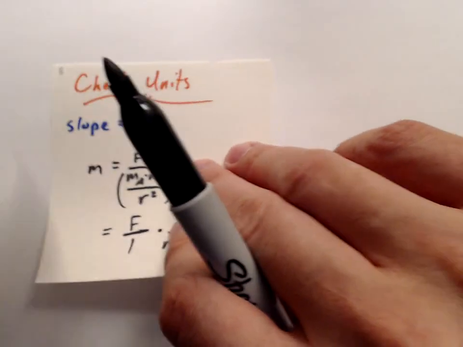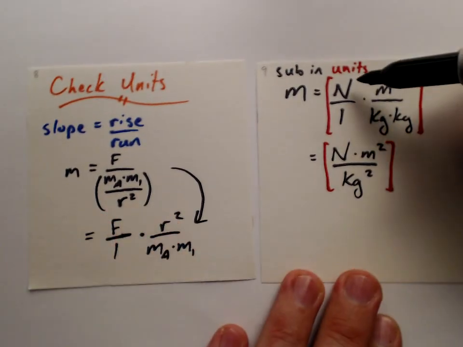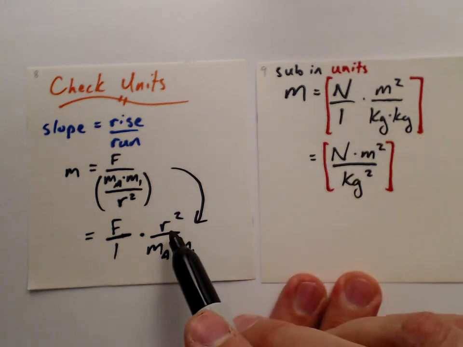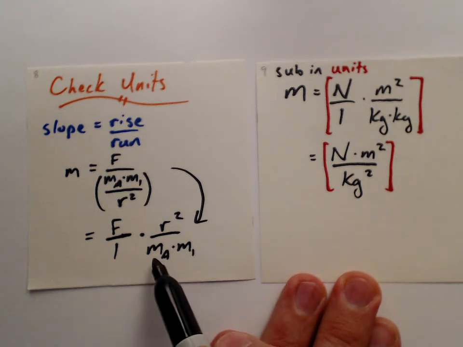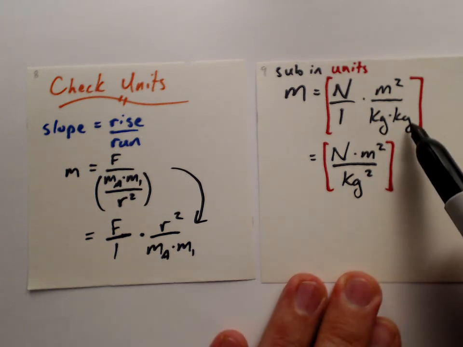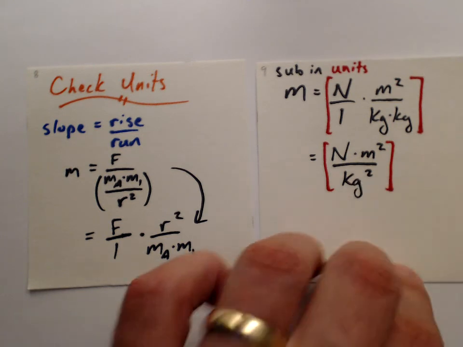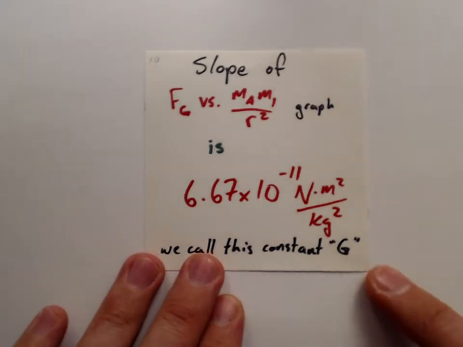If I simplify that just a little bit more, I end up getting, I'll just slide this off to the side here, a slope with units of, and we'll sub in our units at this point, so instead of saying force, I'm going to say newtons, and instead of saying r squared, I'm going to say meters squared, and instead of saying mass times mass, kilogram times kilogram, and I get units of Newton meter squared per kilogram squared, which is what we said before, but we've sort of talked through how we know what those units have to be.